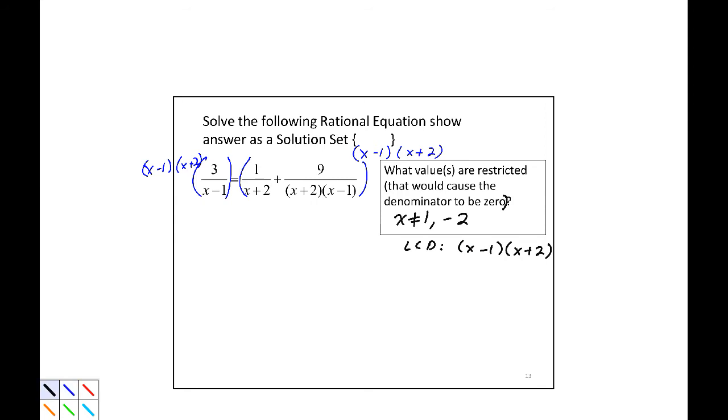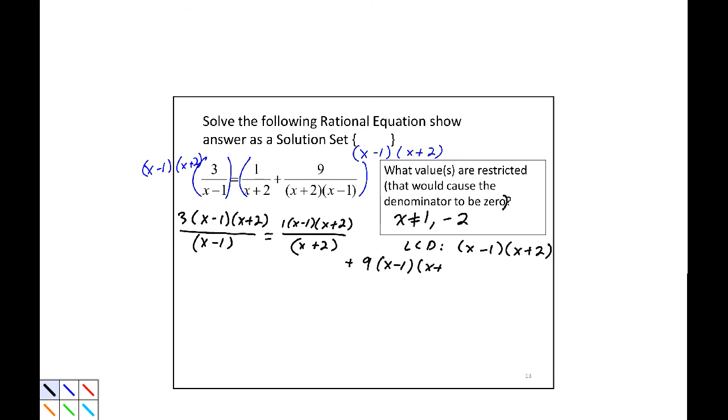So multiplying that through, I have 3x times x minus 1, x plus 2 over x minus 1. I have 1 times x minus 1, x plus 2 over x plus 2. And then I'm going to bring that down here. Plus 9 times x minus 1, x plus 2, divided by x plus 2, x minus 1. All that is one line.